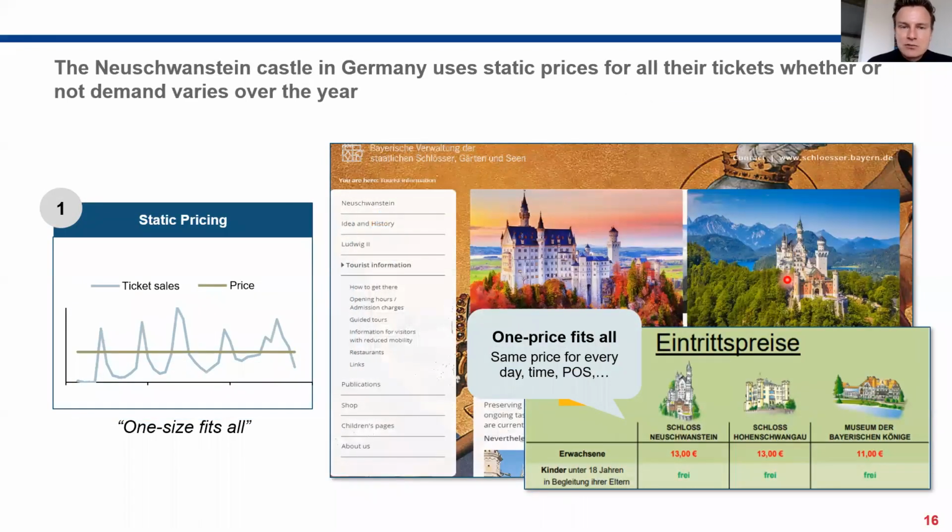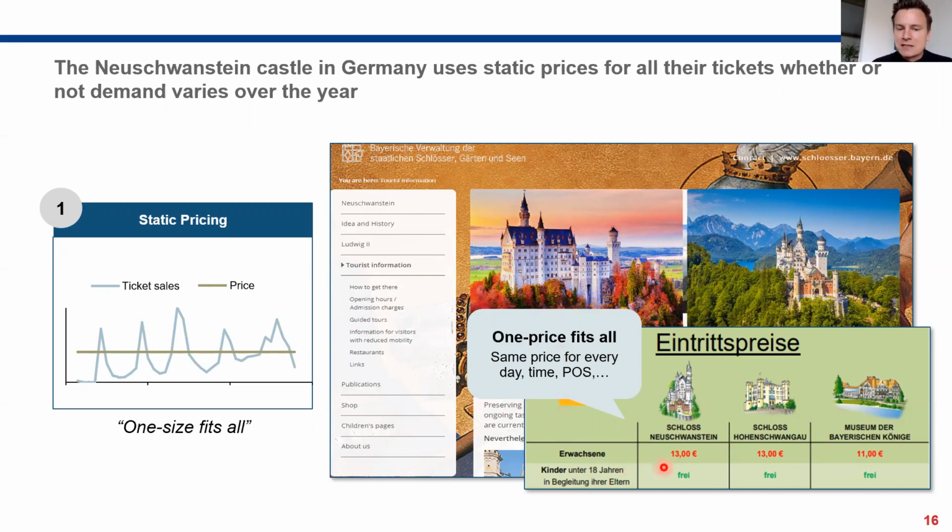I would like to give you in the next minutes some examples, and we looked across Europe to find some good examples of where we consider certain attractions or museums in what state of the evolution in pricing. One of the examples is our famous Neuschwanstein Castle here in Germany, and we checked them out on their website.